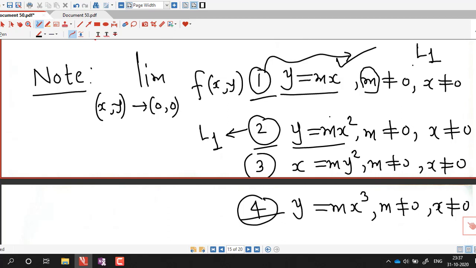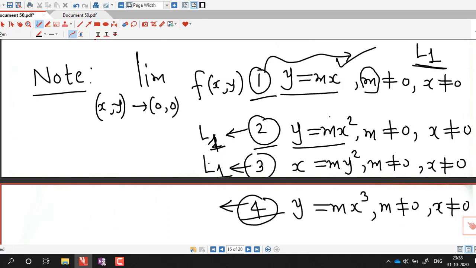Suppose the limit in path 1 is L1 and the limit obtained in path 2 is L2, and if L1 and L2 are different, then also the limit does not exist. But suppose we are getting L1 here, then we have to check along the third path. If we are getting a different limit from these previous two limits, then the limit does not exist. Suppose we are getting the same limit, then we have to go for the next possible path.